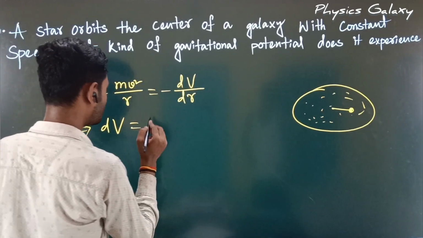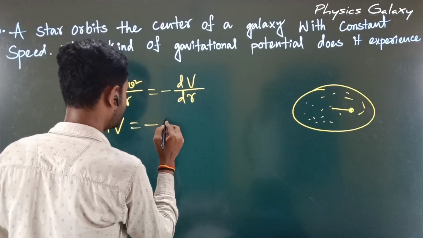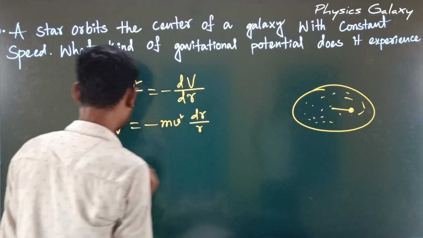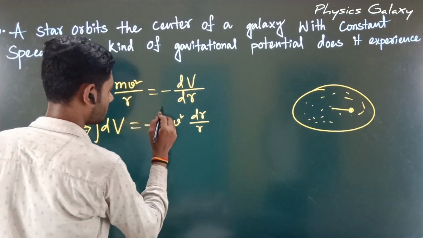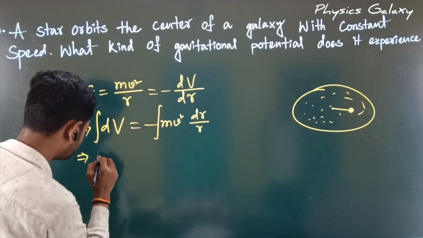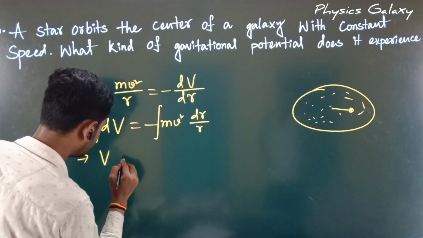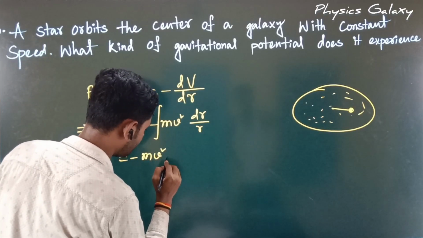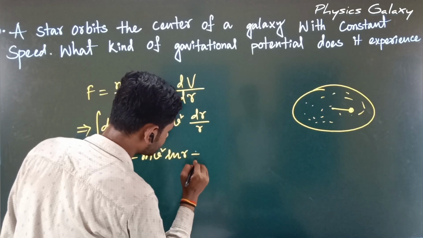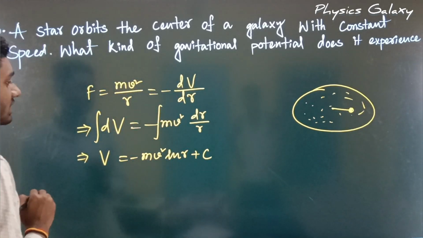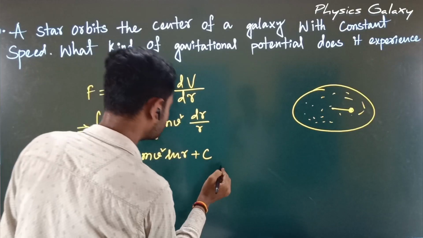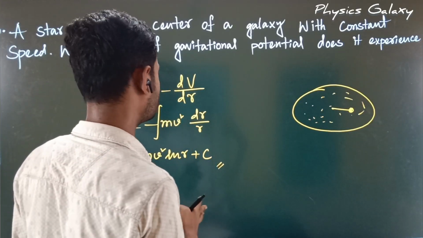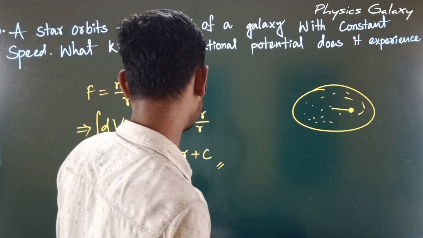Now this is equal to minus m v square dr by r. Now we have to integrate this. So V is equal to minus m v square ln r plus an integration constant c, and this is the expression for the gravitational potential it experiences.